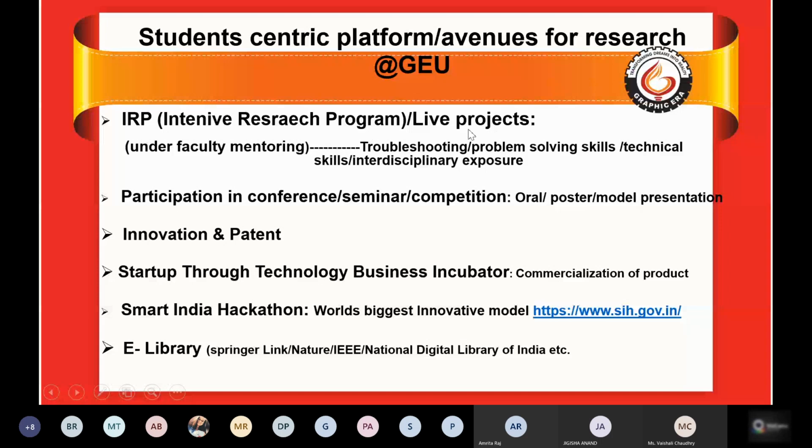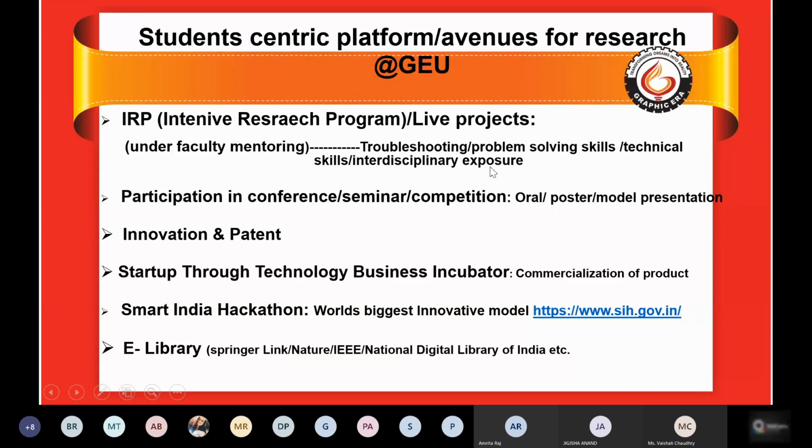So actually the students who have orientation towards research, they are subjected to do research under the mentoring of a faculty of the interest area, where you are able to troubleshoot the problem. You have the skill to solve the problems, you will develop technical skills, and you will get interdisciplinary exposure.